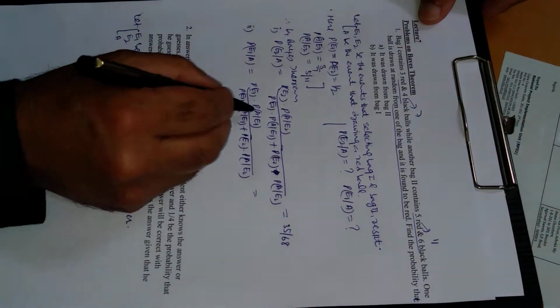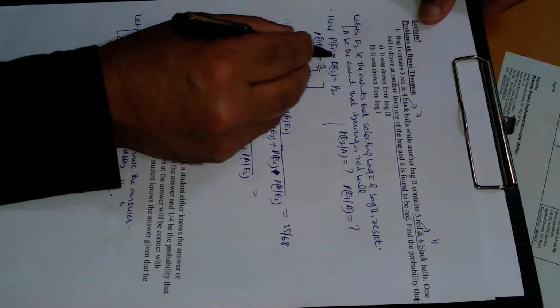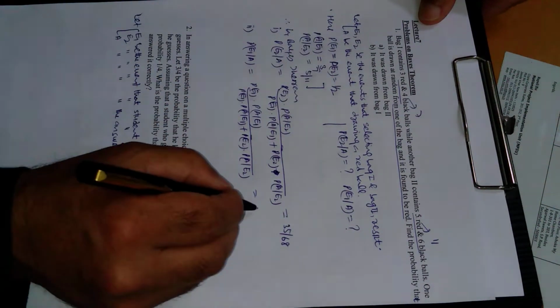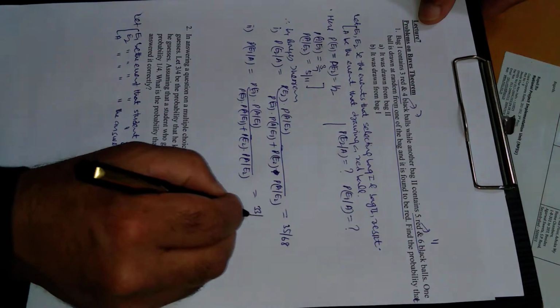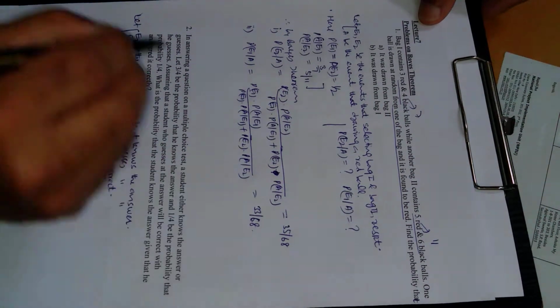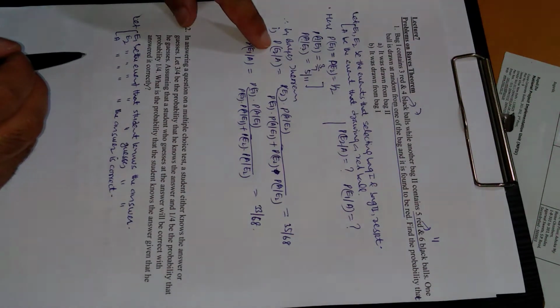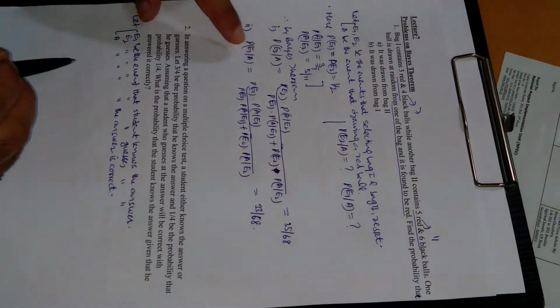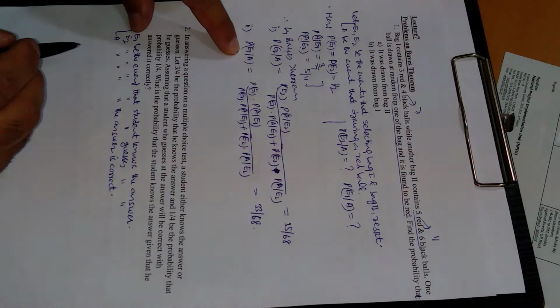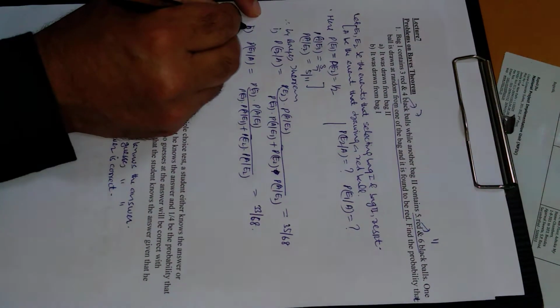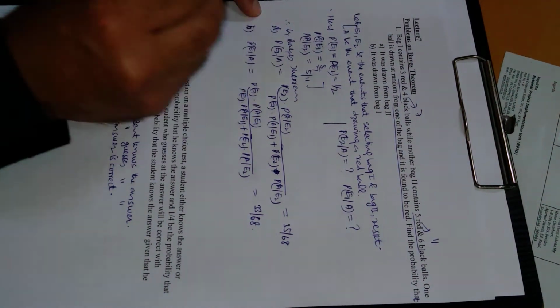Again substituting the values of all of these probabilities from here, this will come out to be 33 upon 68. So this is the probability that the red ball was drawn from bag 2 and from bag 1. This is B part and this is A part.